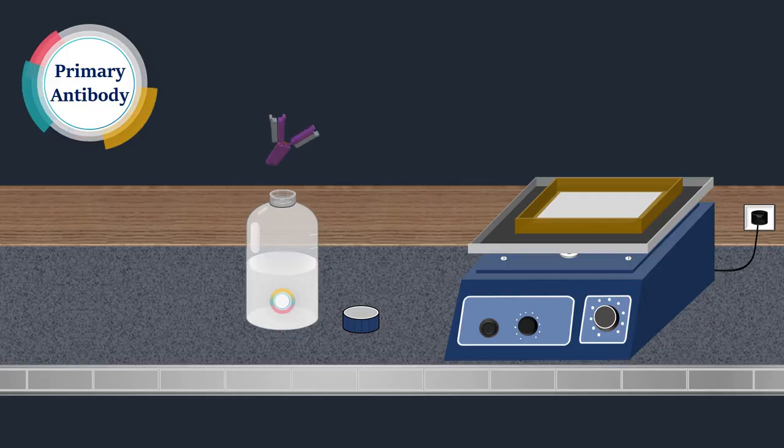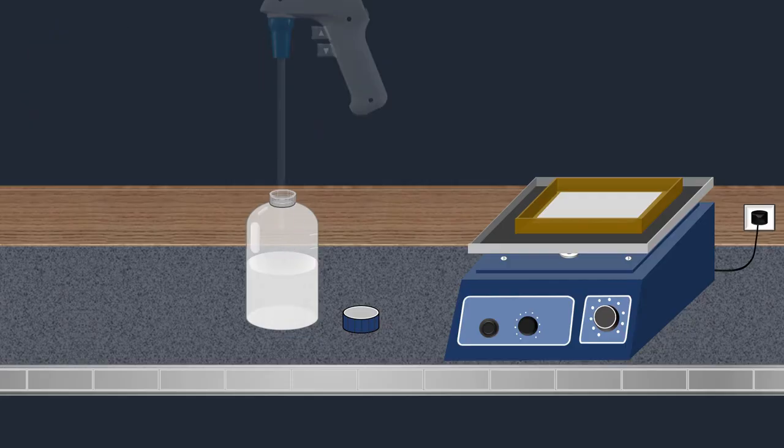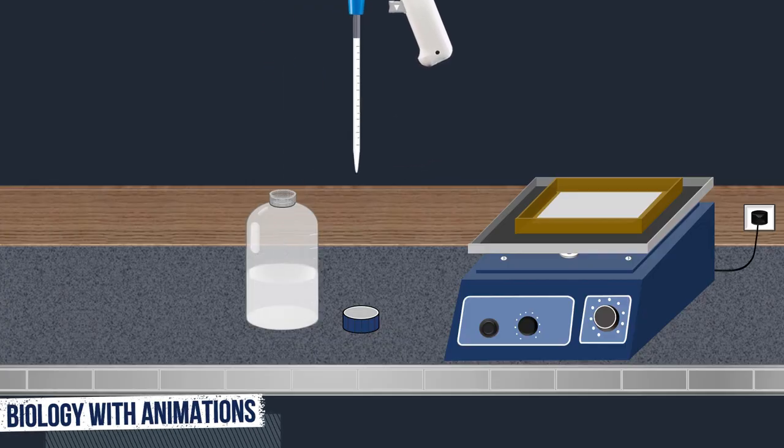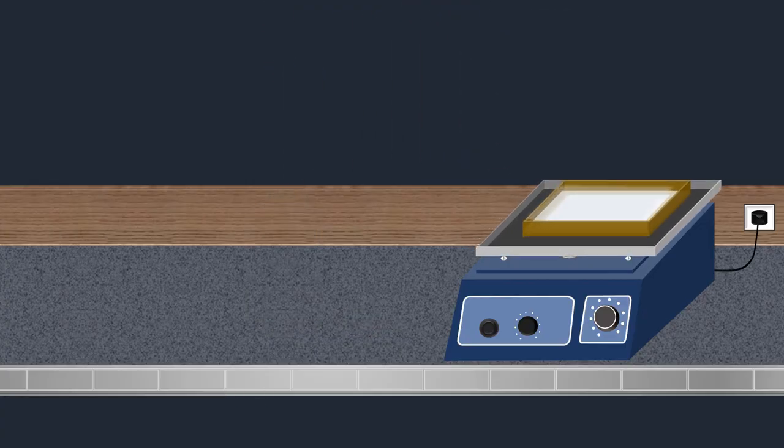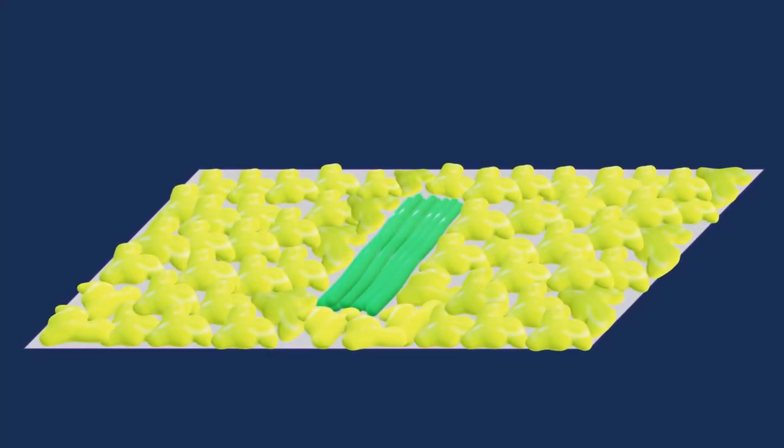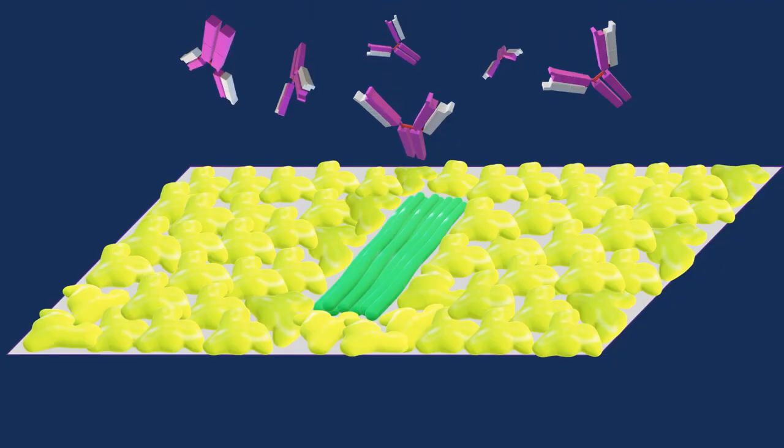Then a solution containing the primary antibody is poured into the tray. Next, the membrane is incubated under gentle agitation. The primary antibody binds to the specific target protein.